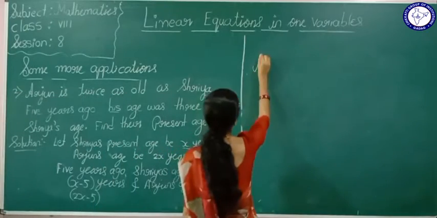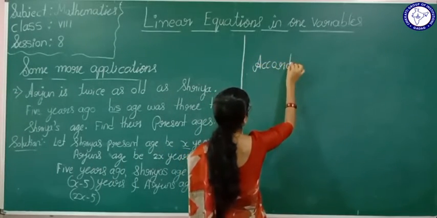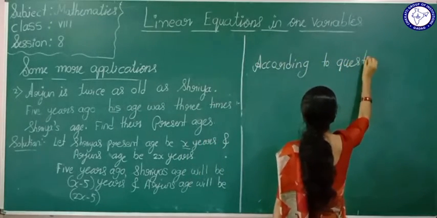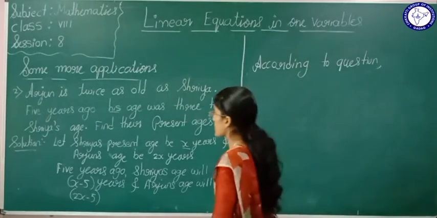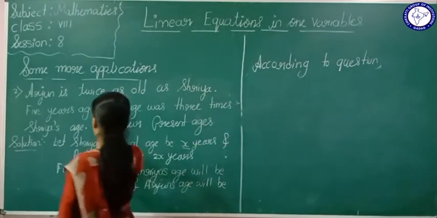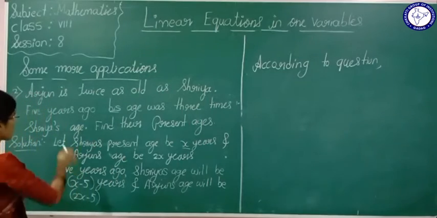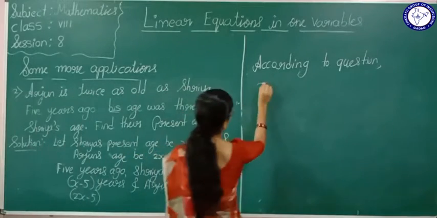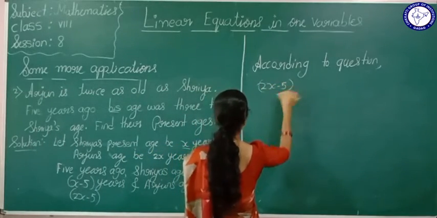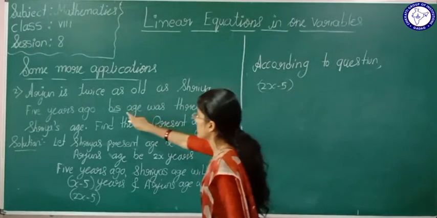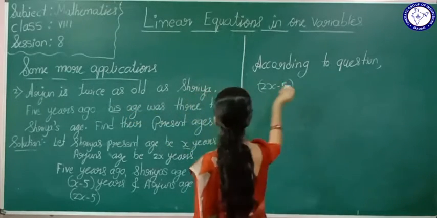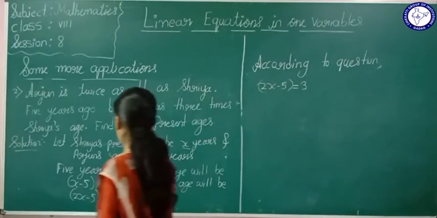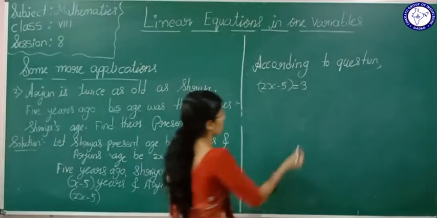According to the question, what can we write here? His means Arjun's. 5 years ago Arjun's age was 2x minus 5. His age was 3 times Shreya's age. What is Shreya's age? It is x minus 5. Now solve this.